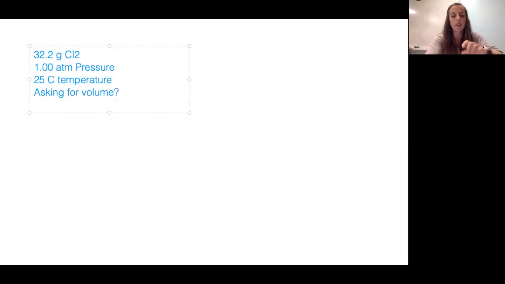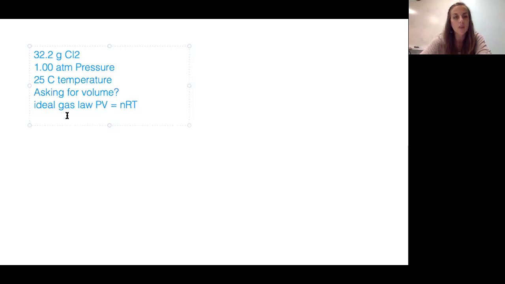Sorry, I said the wrong thing. The ideal gas law for this, because that's pressure times volume equals the number of moles times the R constant times temperature. Here we have grams, and from grams I can find moles. I have a pressure, I have a temperature, they're asking me for volume, and I have an R constant, so I can plug everything in here.